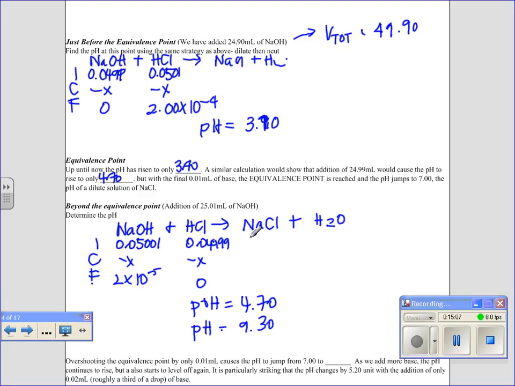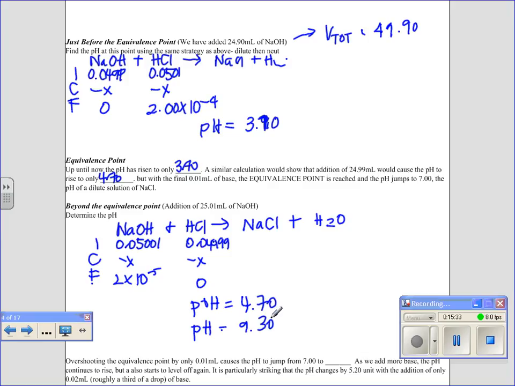Okay, so as you can see, between 24.99 and 25.01, the pH has jumped from 4.7 to 7 to 9.3. So hopefully you can appreciate now, seeing the calculations, that when you're doing a titration, that one extra drop really makes the difference, and that's what really drives the pH upwards.